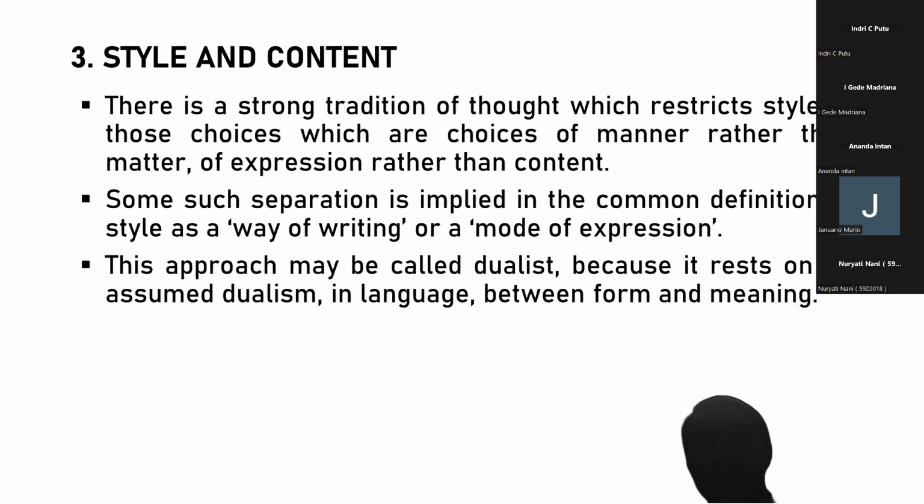So when you talk about style and content, there is usually a strong tradition of thought which restricts style to those choices which are choices of manner rather than matter. So here, style is more concerned with the manner.